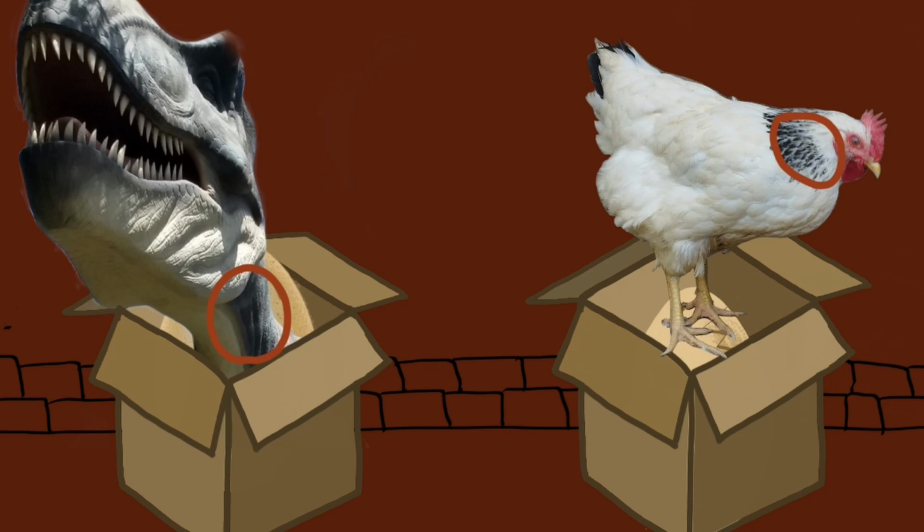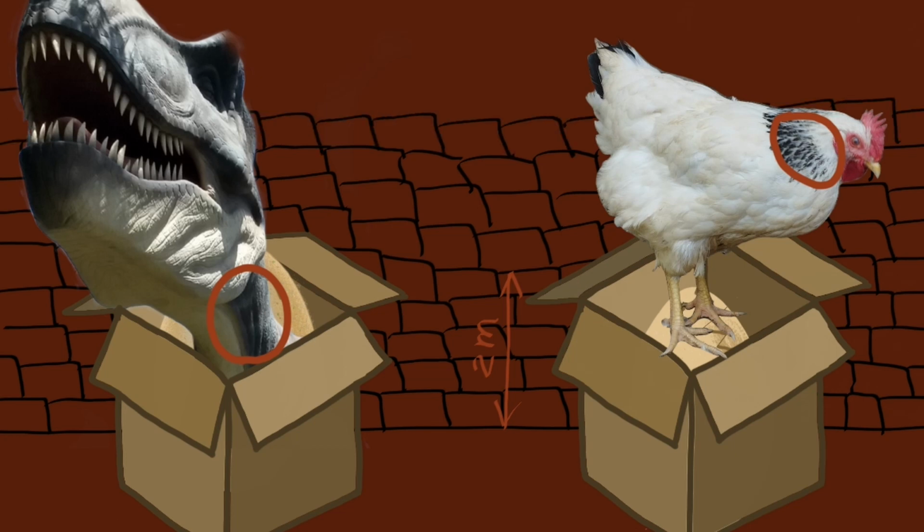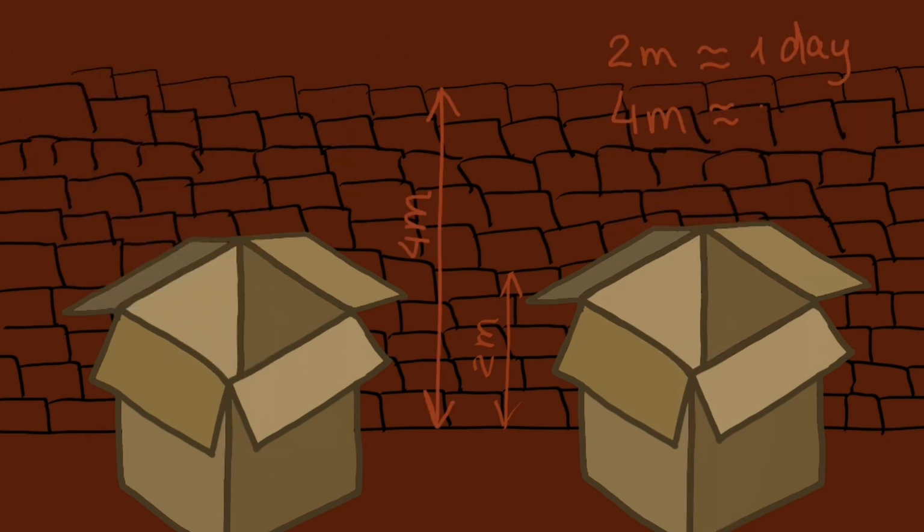And we could use certain parameters from each to estimate the duration of their growth, for example. Okay, we are using a human example here. If constructing a 2-meter wall takes 1 day, how long would it take to build a 4-meter wall? Multiply the time taken to build a 2-meter wall by 2.